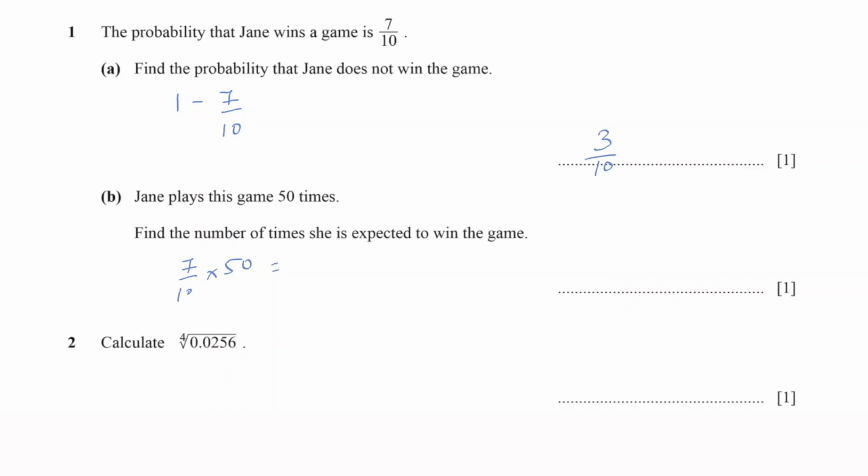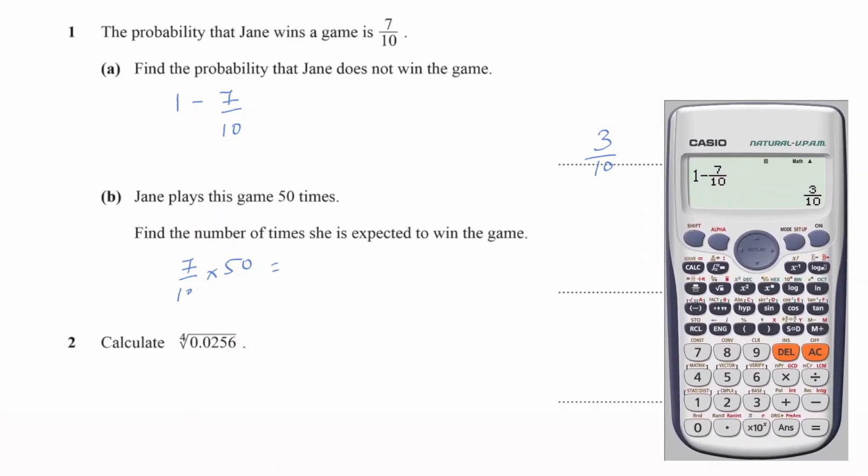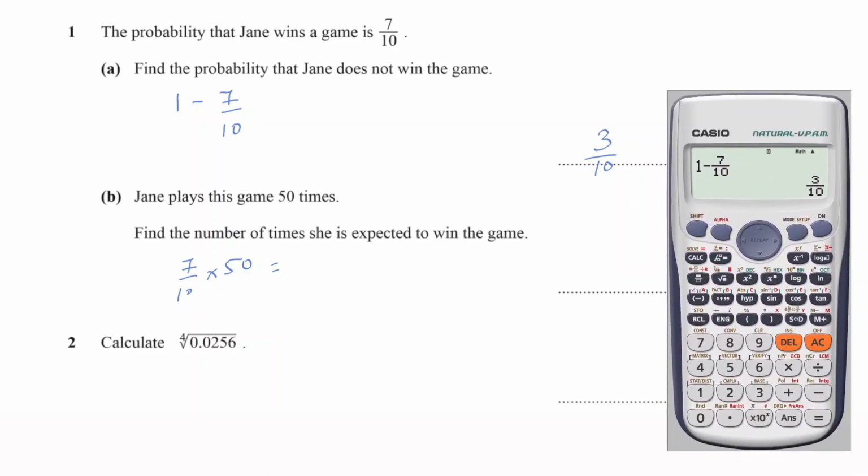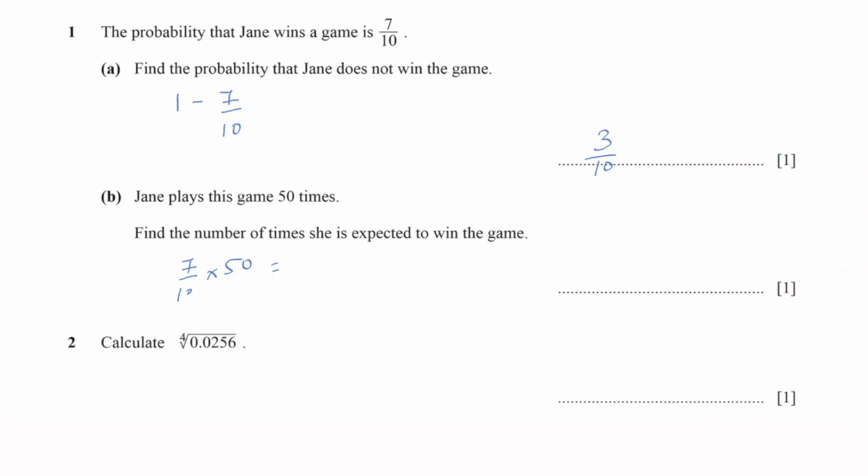Okay, so let us use a calculator. 7 by 10 times 50 gives you 35. So it is 35 times out of 50 she will win the game.